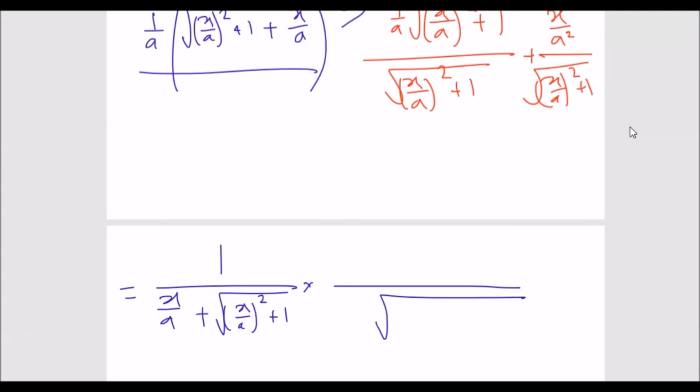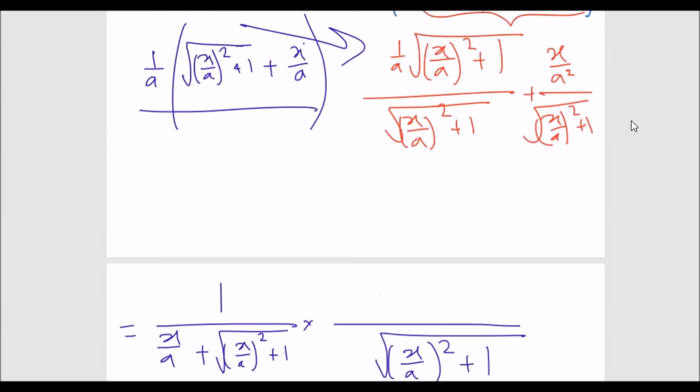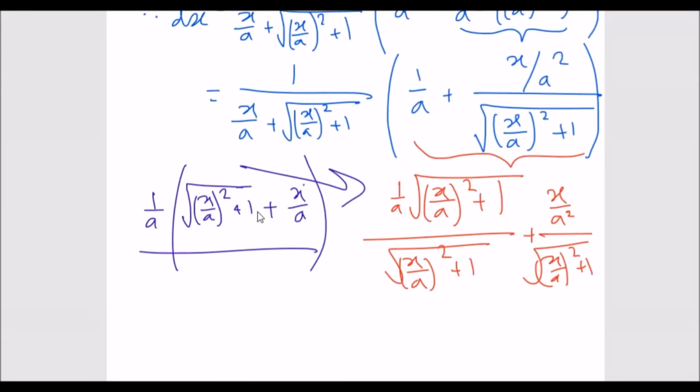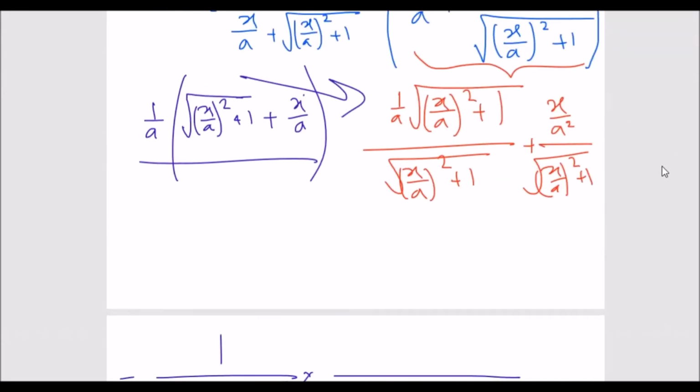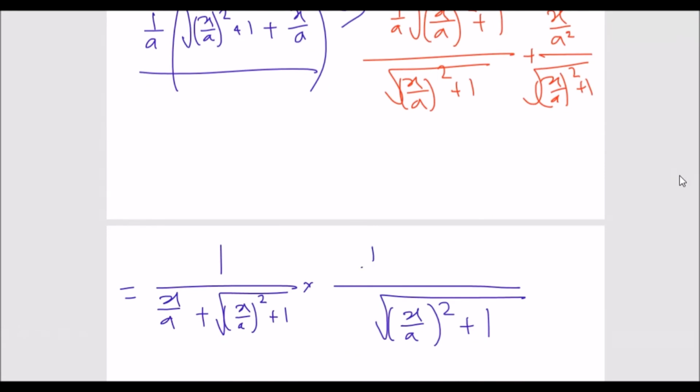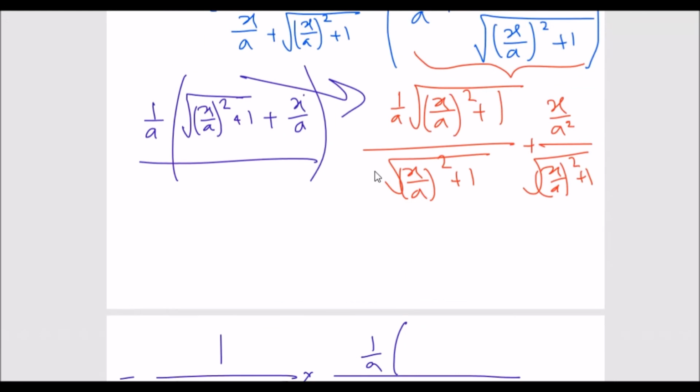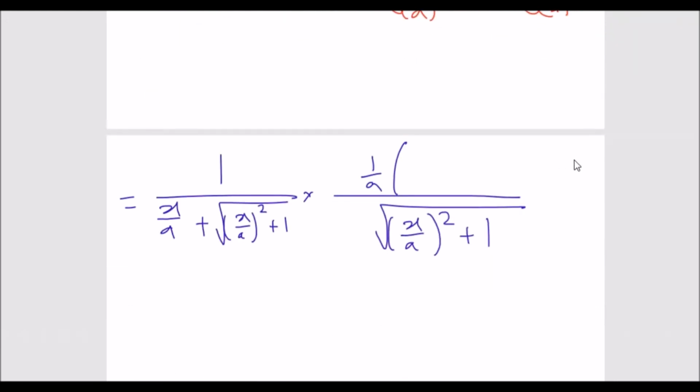It'll be square root of x over a squared plus 1. So that's the bottom. And the top, we said, was 1 over a times this term here. So I'm going to put x over a first instead of this term: 1 over a times x over a plus the square root of (x over a) all squared plus 1.